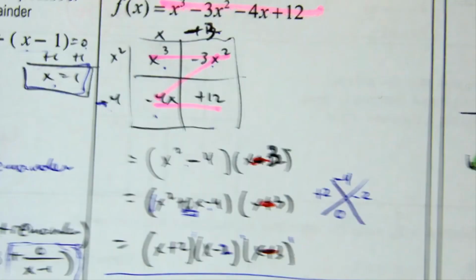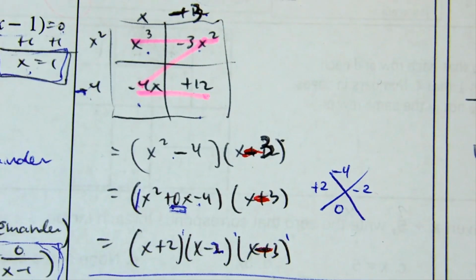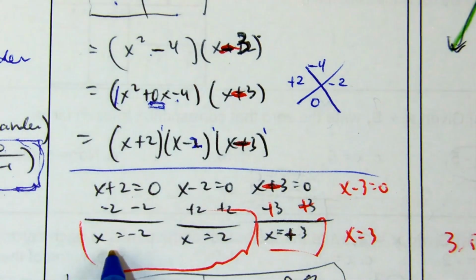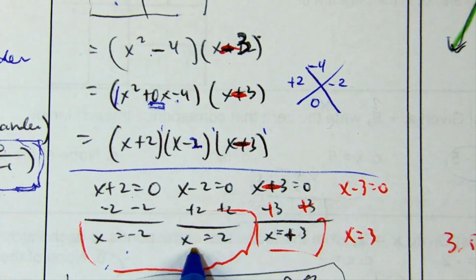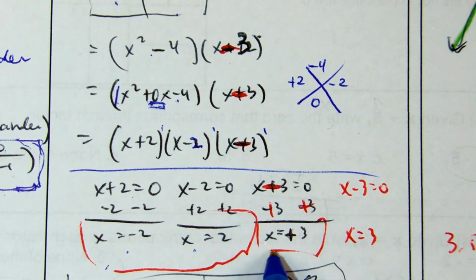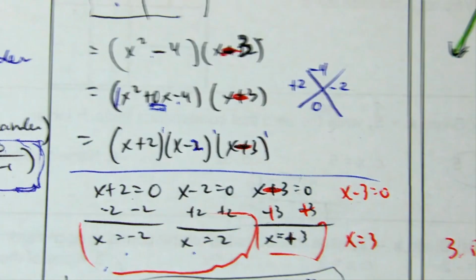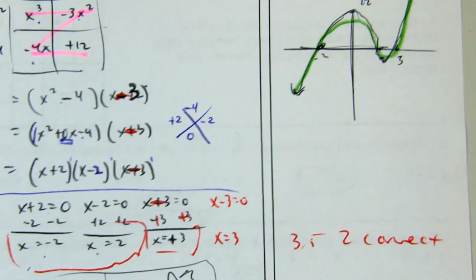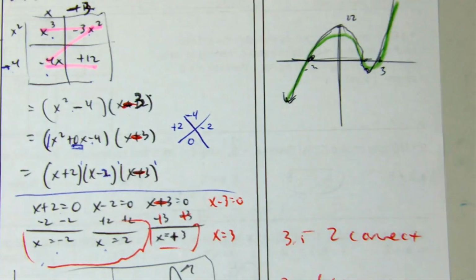To solve, you're just going to set it equal to 0. X equals -2. Add 2 here. X equals +2. Add 3, and then x equals +3. And then to graph that, it is a power of 3.